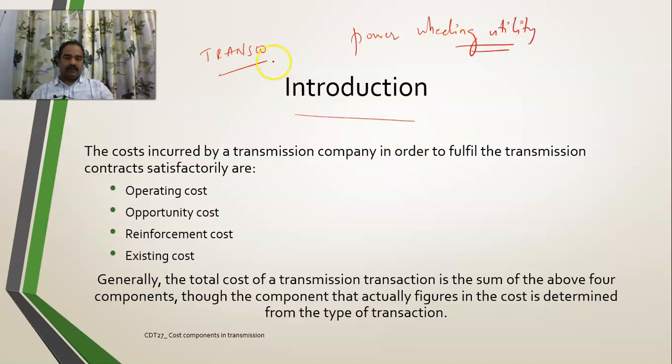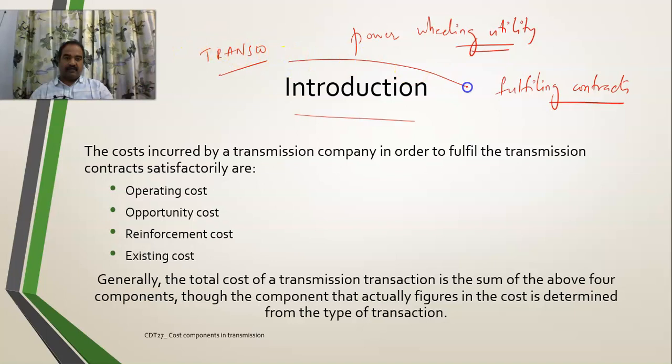So these utilities, whenever they are transporting electricity from one area to another area, or in other words what we call fulfilling the contracts. What type of contracts? In transportation of power from one area to another area.